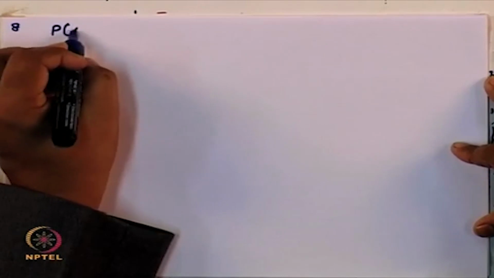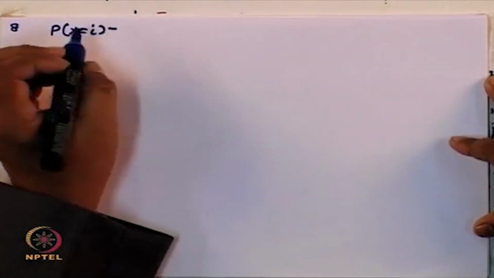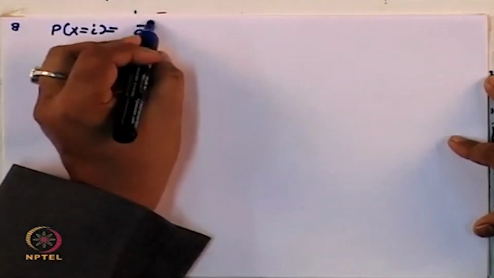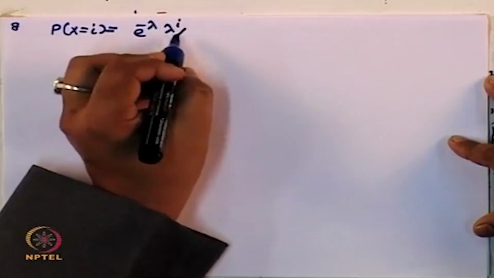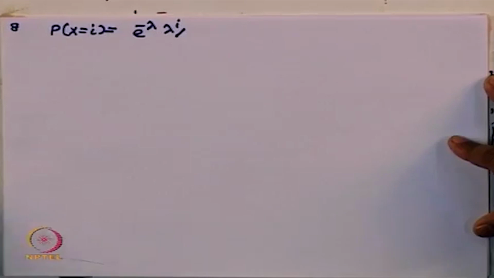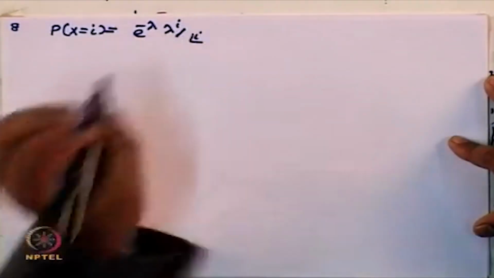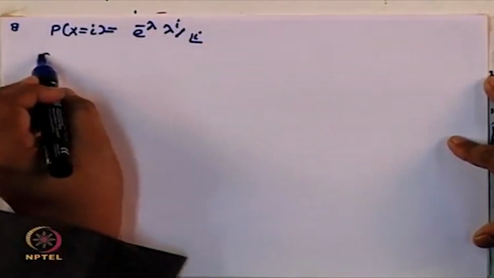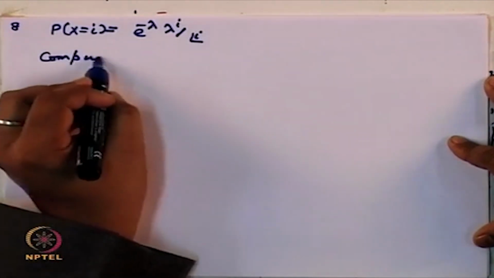Okay. So, let us again write down the probability of x equal to i in the case of a Poisson variable. You have e to the power minus lambda, lambda to the power i by factorial i. So, how can we compute the Poisson distribution function?